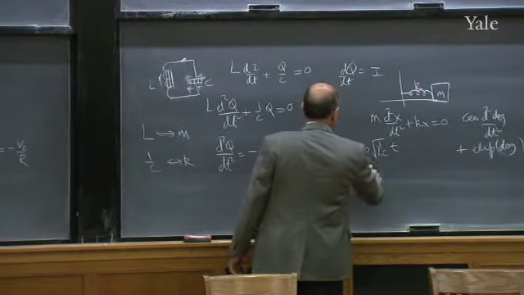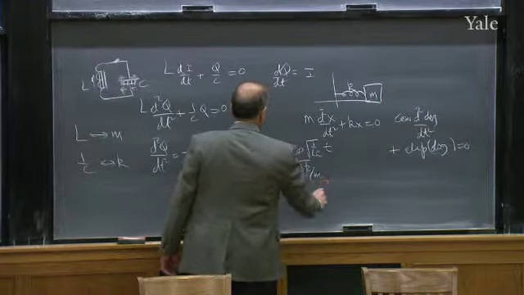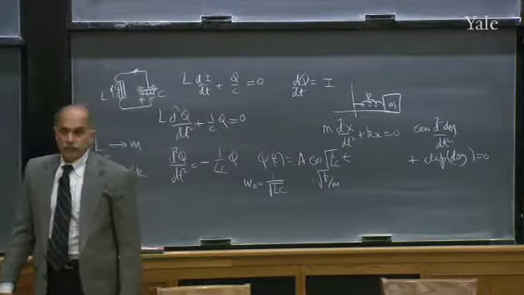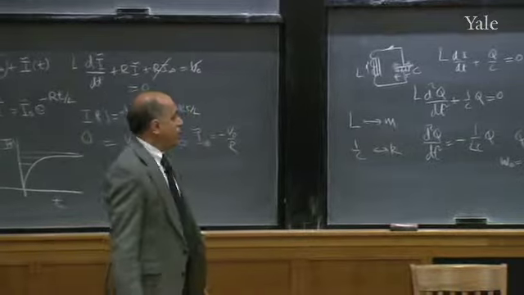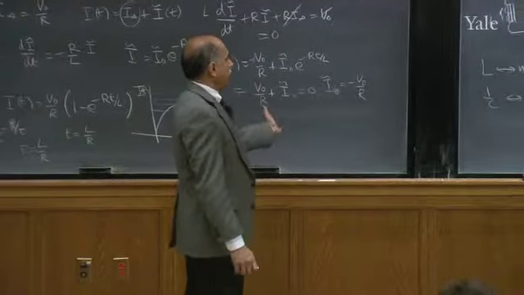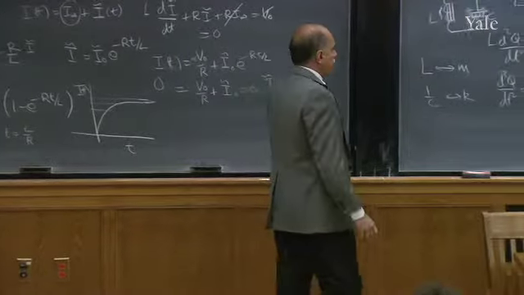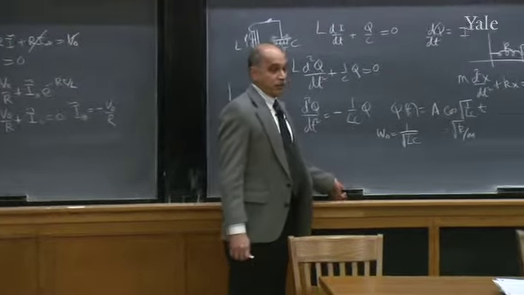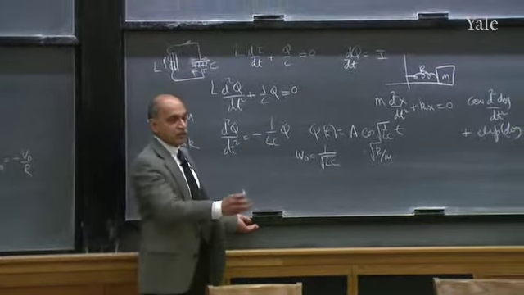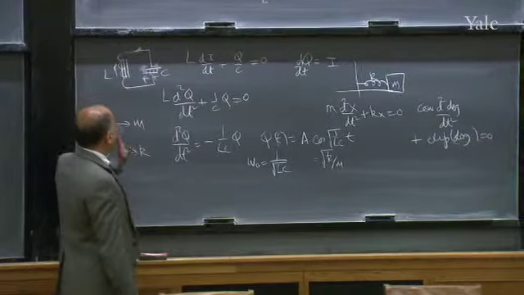That's the analog of the square root of k over m. Anyway, this will oscillate. It's an electrical analog of the mechanical problem. I don't want to do too much of this because I think you should be quite familiar with this, at least the oscillatory behavior of this. And the analogy is perfect.